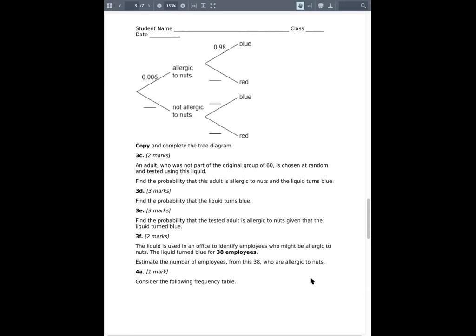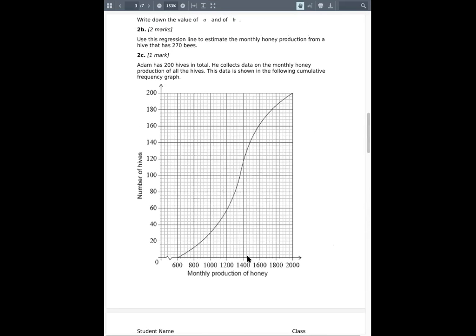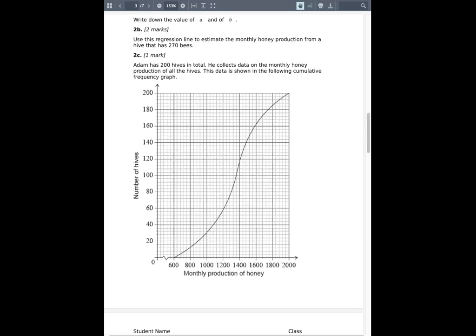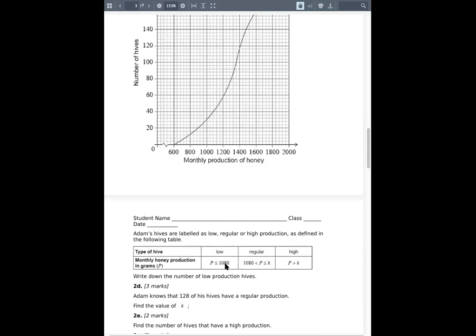I'm a little confused on why you add 128 to 40. Because you see in the chart where it gives you 1080 less than p is less than or equal to k. You want to figure out what that value is, and the only way is to add the values you get for low and regular, which are 128 and 40.